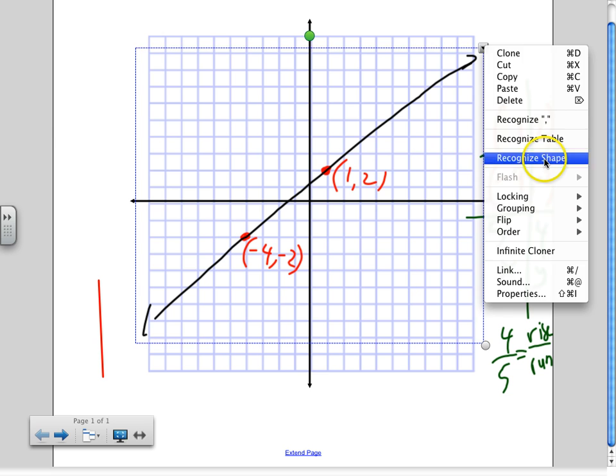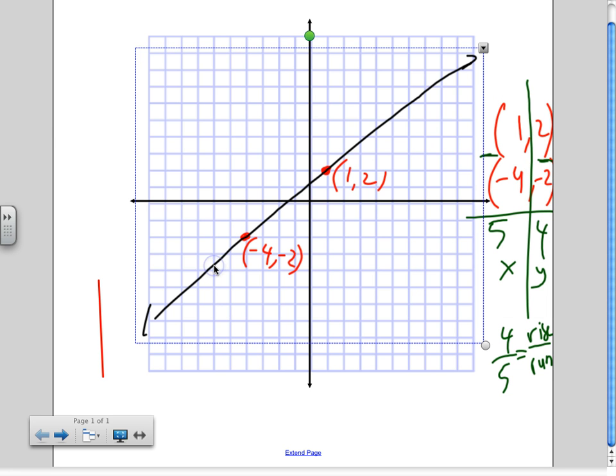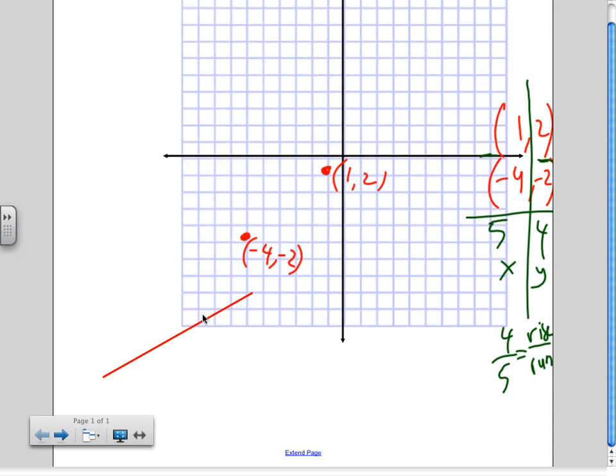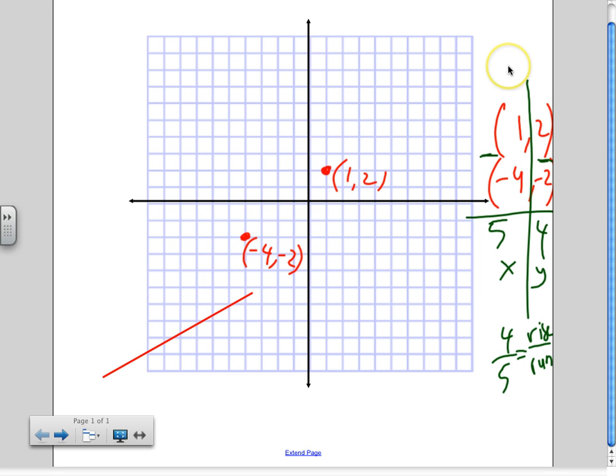Oh, wrong point. 1, 2, right there. Yeah, there you go. Okay, you see the 2 points crossing? Alright, so we have ourselves a line crossing through 2 points.